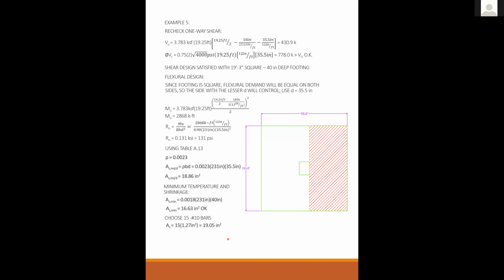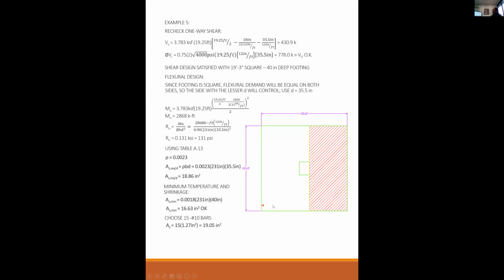So that 15 number 10, it's just in one side, let's say horizontally, like the first layer. Okay, so this is my hatched area. This is the plane that it's bending about.